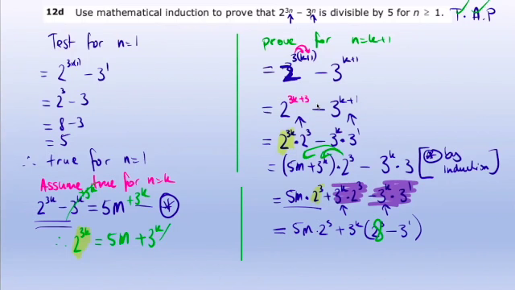What's 8 minus 3? 5. And that's what we want, okay? So let's go. 5m times 2 to the power 3 plus 3 to the k times 5, because this equals 5, okay? That's really good news because I can take out 5 as a common factor from now the two final terms.